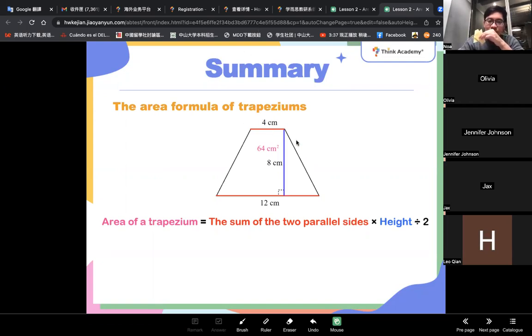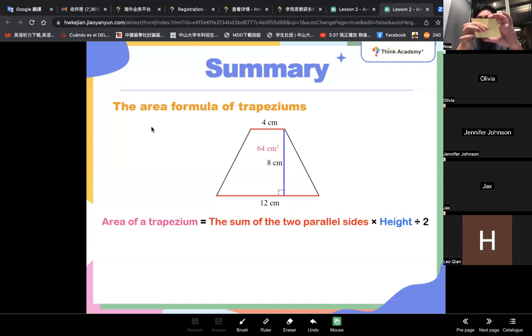So it's the sum of the parallel sides times height divided by 2, but I'm going to show you how. What do you notice? This is a parallelogram, and we just learned the area formula of a parallelogram is base times height. The base is equal to the sum of the short side and the long side combined together. That's what we call the sum of the two parallel sides.